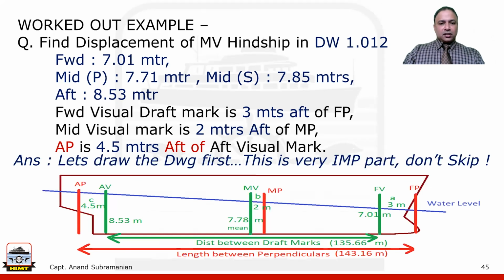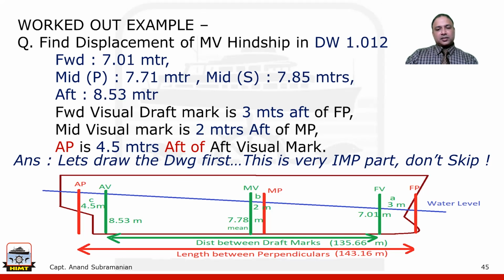Like in any other numerical, the first thing is to draw a diagram that clears up exactly the location of what is where, so that there won't be any confusion in the exams. Draw a simple diagram denoting the location of the visual draft marks with respect to their respective perpendiculars. Here the visual draft mark is 3 meters aft of the forward perpendicular, and the midship visual mark is 2 meters after the midship perpendicular.